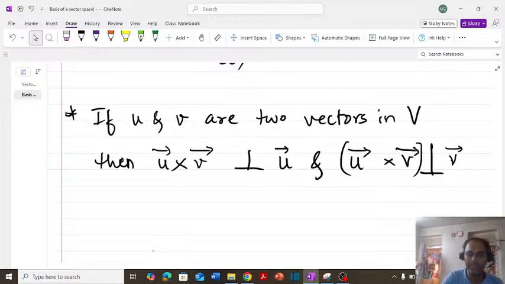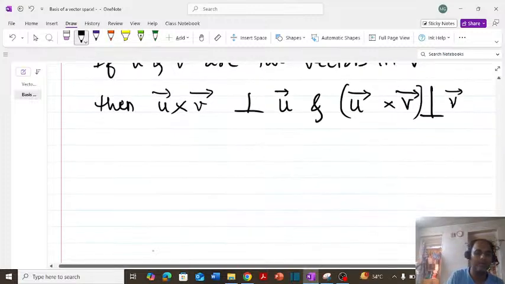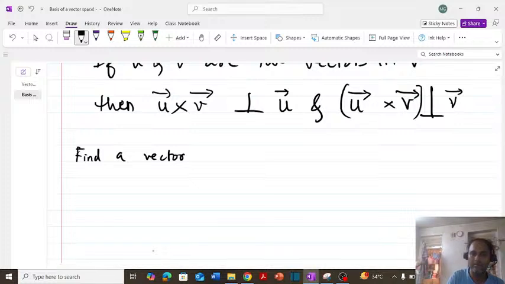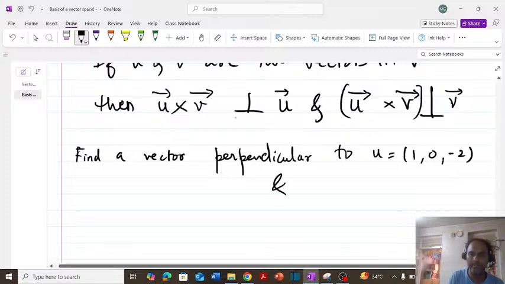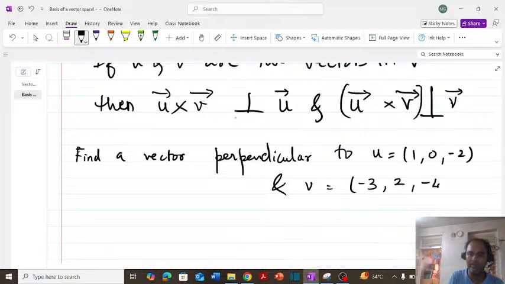So in exam they always say find a vector perpendicular to u equal to 1 0 minus 2 and v equal to minus 3 2 minus 4.